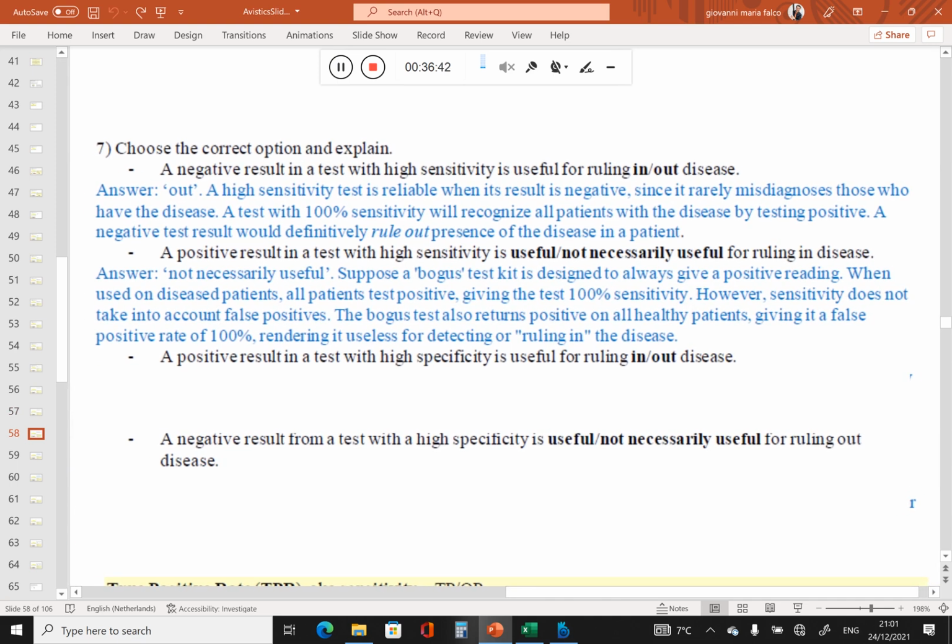Suppose for example that we have a quick test which is designed to always give a positive result. So this will be a test with 100% sensitivity because it tells everybody they are positive. But on the other hand, it doesn't take into account false positives. So this quick test will be definitely not useful, basically useless, for detecting or ruling in the disease.